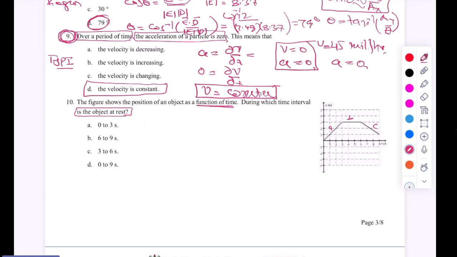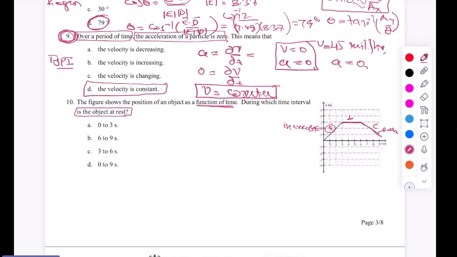B, because it's a straight line. In A, it is increasing, accelerating. In C, it is decelerating, decreasing. In that case, it's at rest or moving with uniform velocity.